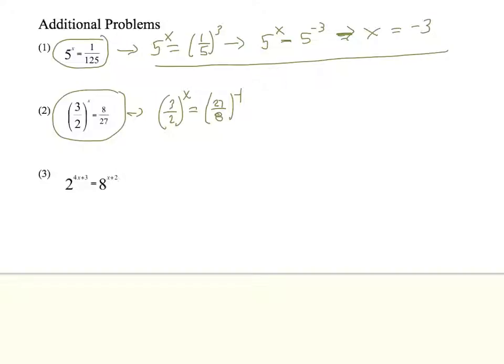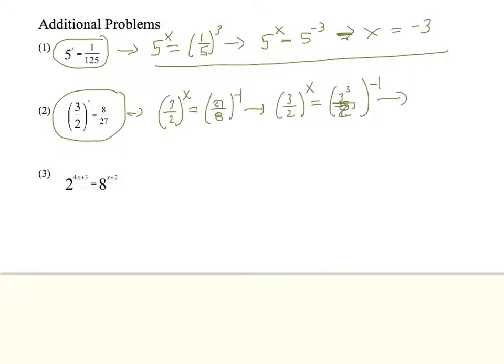Now you say, oh dear, that's terrible. But we're going to do one more step. Here we're going to change this to 3 to the 3rd over 8, or 2 to the 3rd, right, to the minus 1.